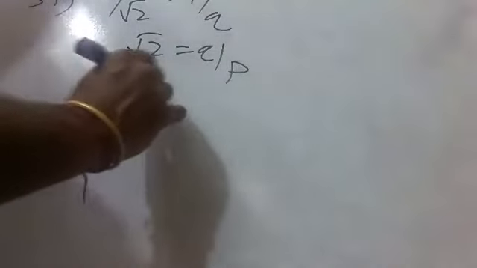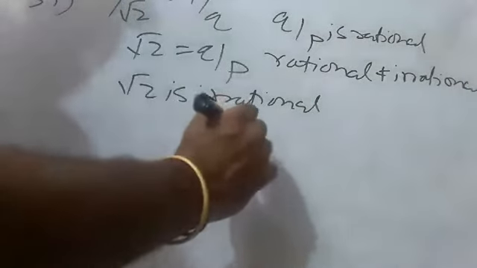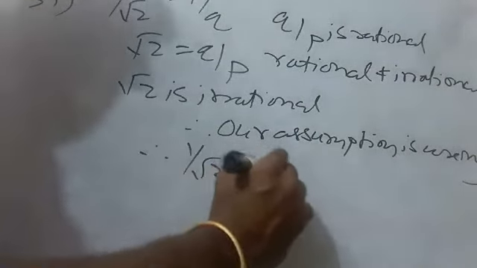Okay, so root 2 is irrational and q by p is rational. So a rational cannot be equal to an irrational. So therefore our assumption is wrong, we have to write it like this in the exam. So therefore 1 by root 2 is irrational.